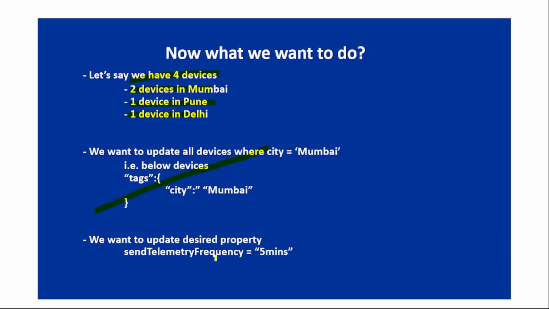Now you want to update only those devices for which city is equal to Mumbai, and we want to add a desired property, that is send telemetry frequency is equal to 5 minutes. So instead of updating it manually, let's use automatic device management to update this desired property for these 2 devices, that is devices which are in Mumbai.